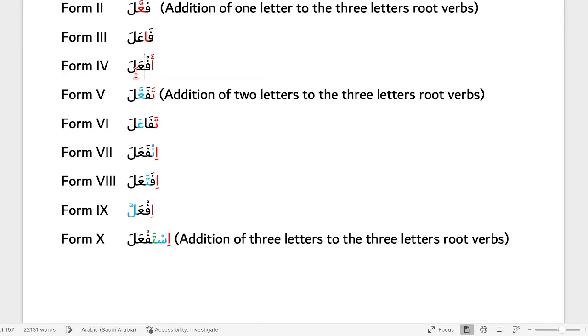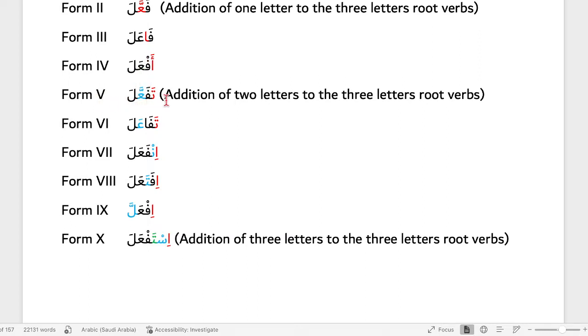Again these three, only one letter is added. Here in form 3 the alif is added between the first and second radical, and here the hamza is added before all the three radicals. It becomes af'ala.